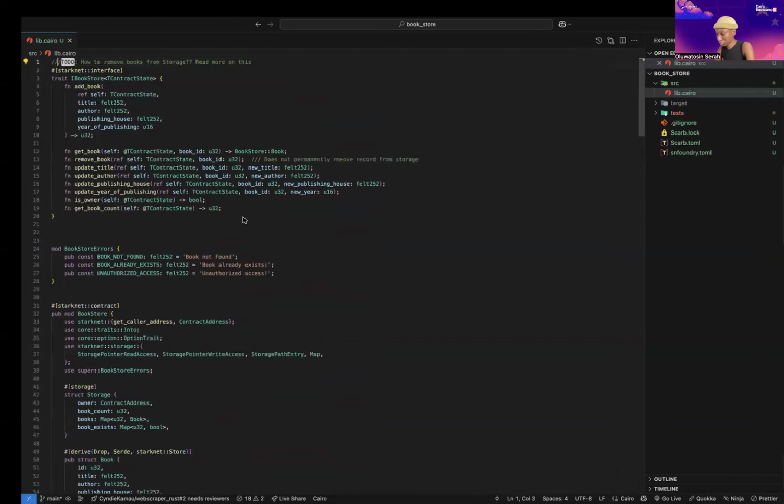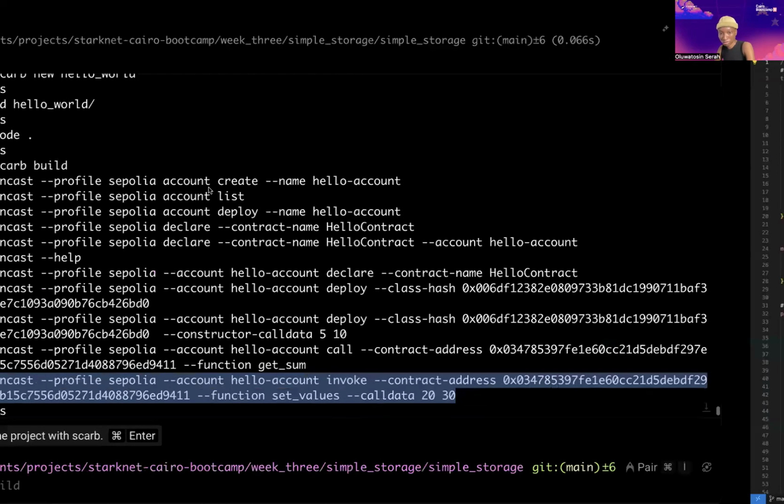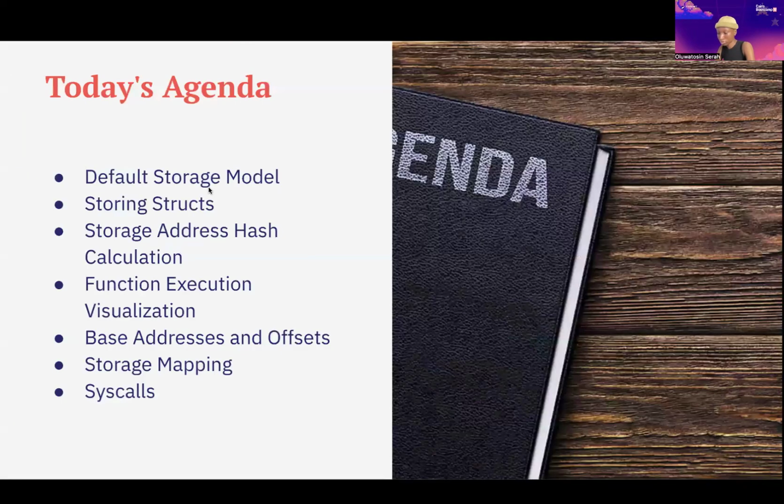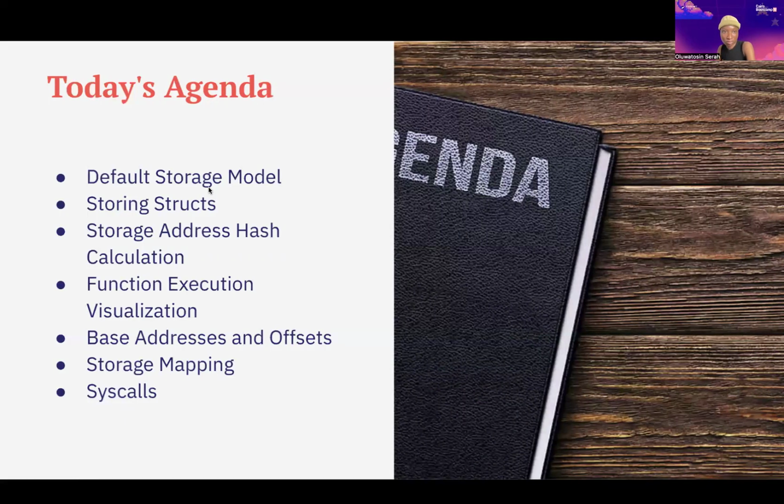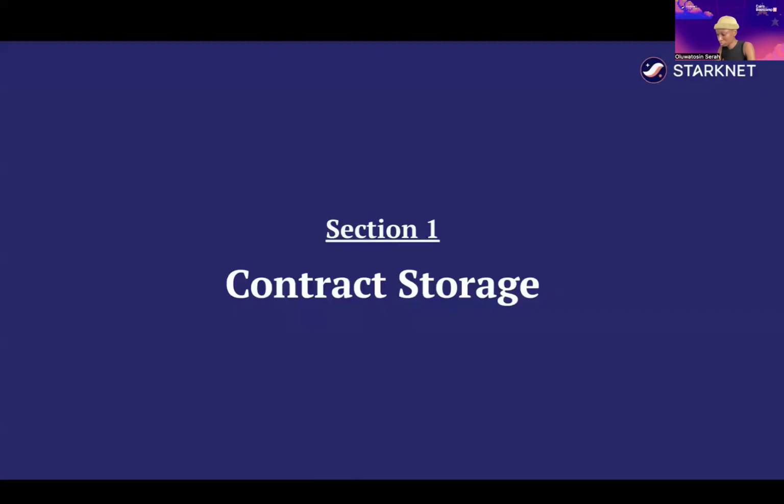But in the meantime, my end goal for this class is that by the end, you understand storage very deeply, so that even when you're writing smart contracts, you can visualize what sort of data you are storing on the chain. Okay, with that, I think we can start.